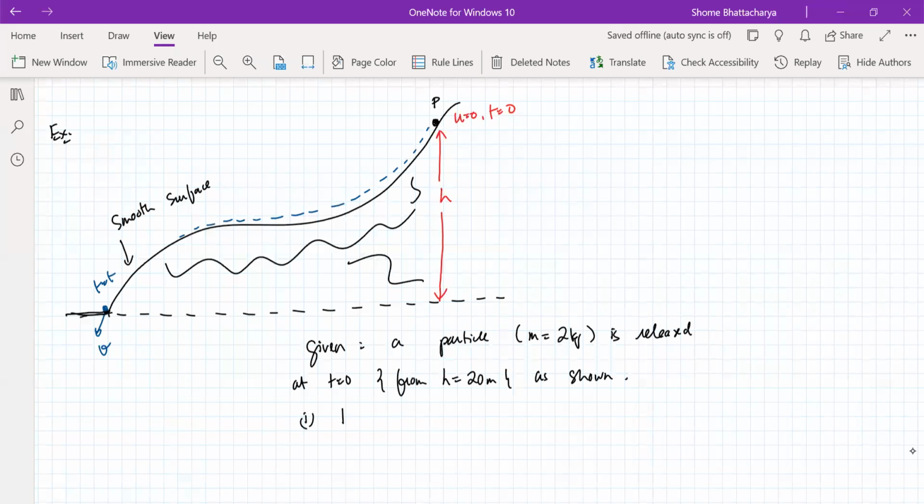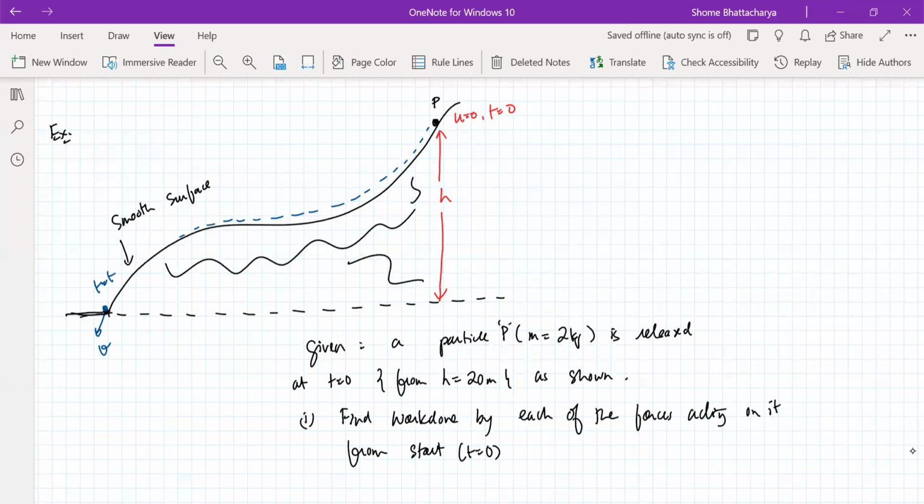So first of all, find the work done by each of the forces acting on it, from the start at time t equal to 0 to the instant when it hits the ground. And from that, we want to find the speed of the particle.